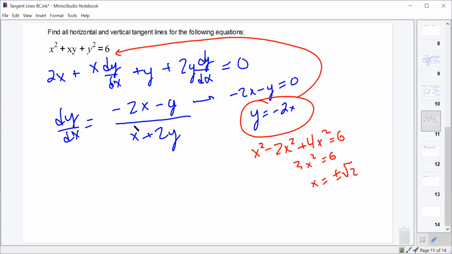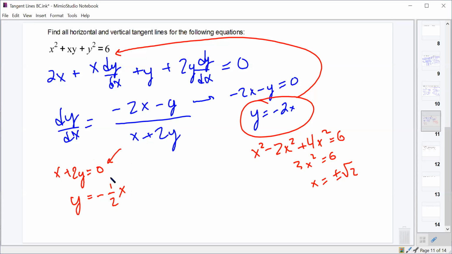But first, we're going to go in and we're going to do the denominator. So I'm going to also solve the denominator for y. So if I've got x plus 2y equals 0, that's going to be y is equal to negative x over 2, or negative 1/2 x.